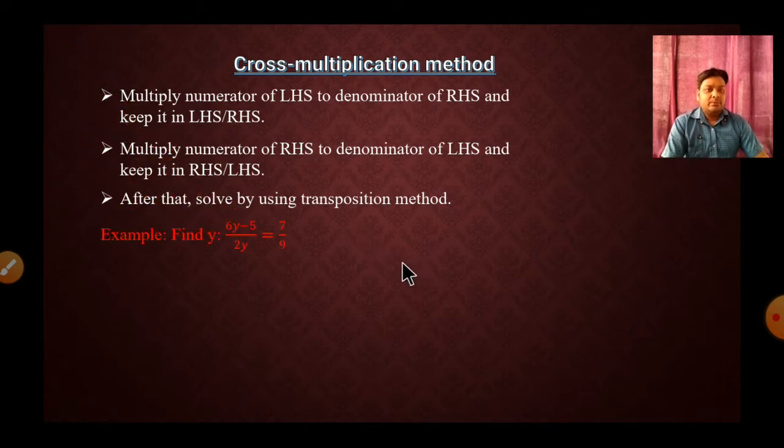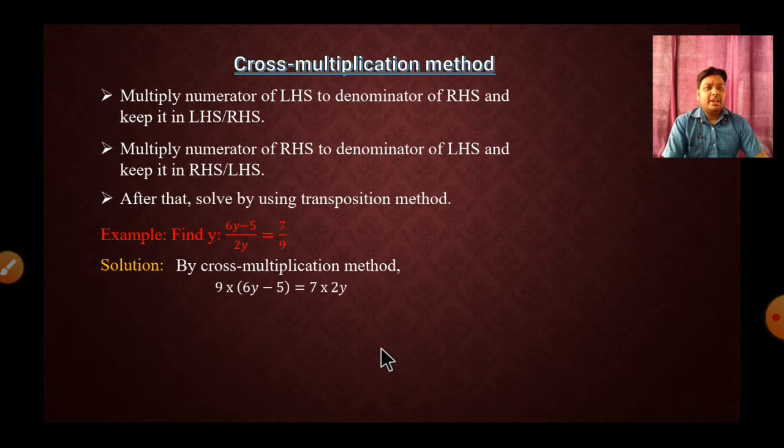Now we have to find the value of y in the equation (6y minus 5) by 2y is equal to 7 by 9. Here you can see that 6y minus 5 is a binomial and 2y is a monomial. At first, by the cross multiplication method, we multiply the numerator of LHS, 6y minus 5, with the denominator of RHS, 9, same as 7 into 2y.